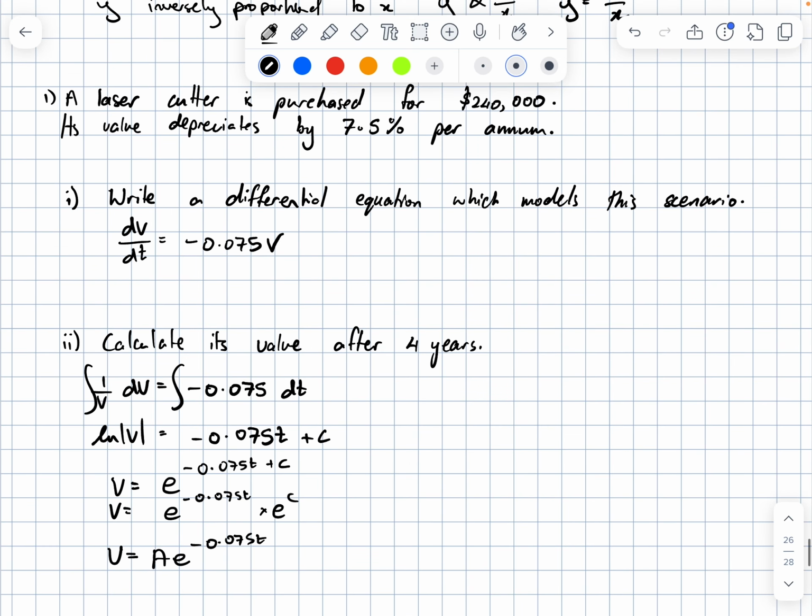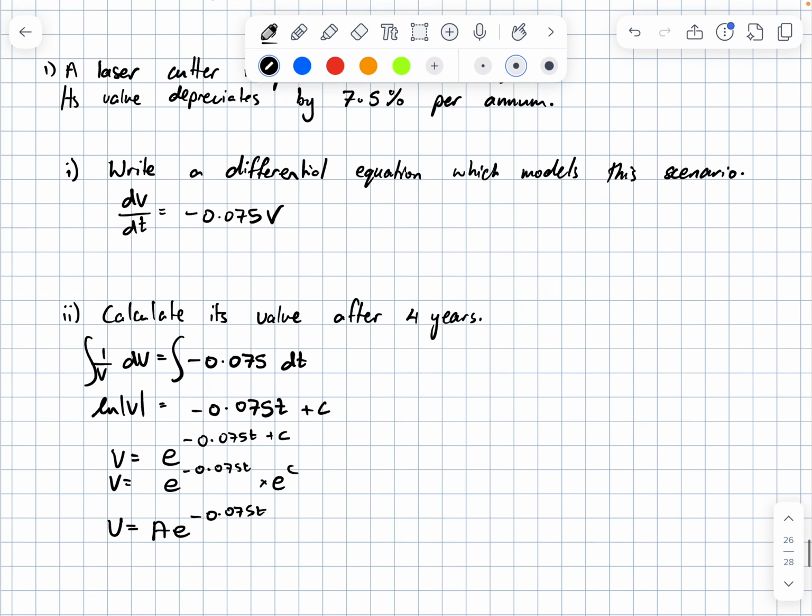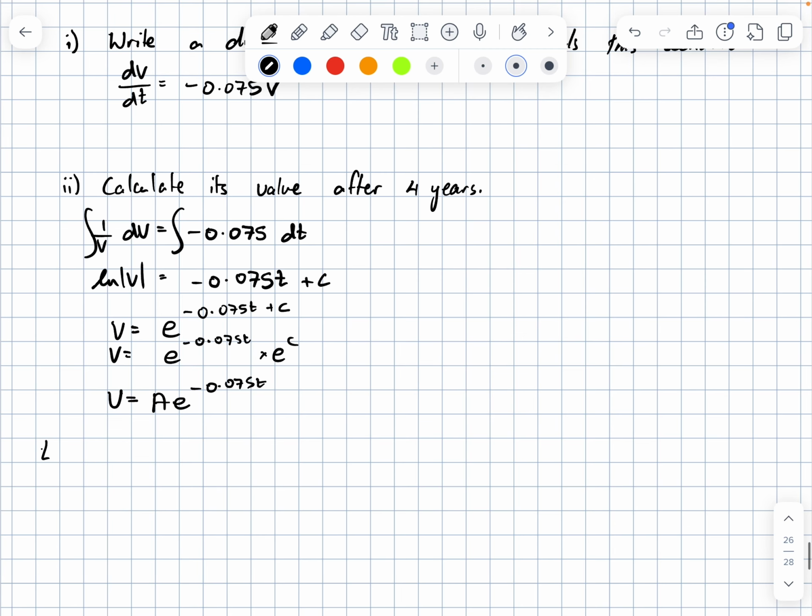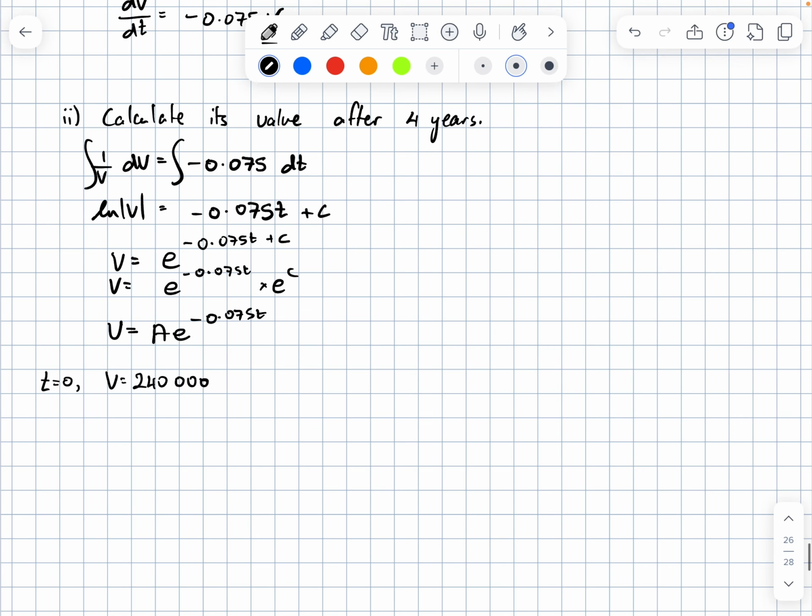We now need to find A. We're told that it's purchased for $240,000. So that means that when t equals 0, V is equal to 240,000. So substituting those values in, 240,000 is equal to A times e to the power of negative 0.075 times 0.